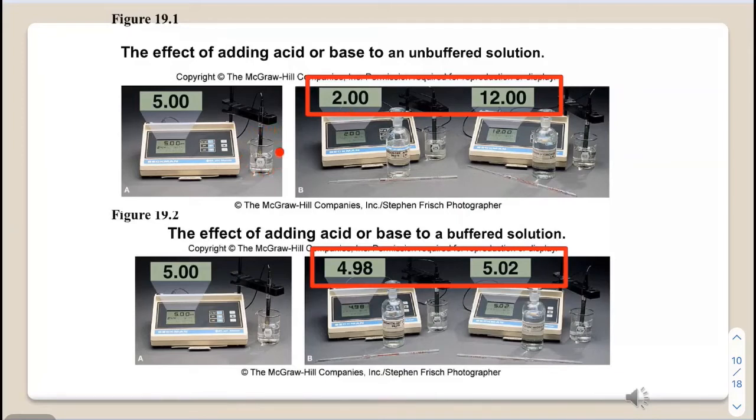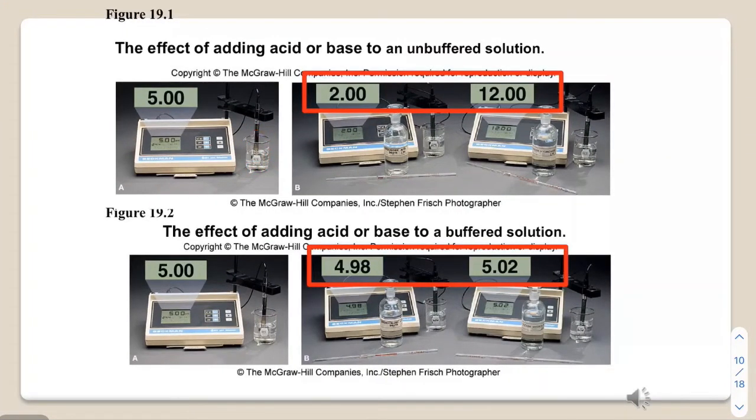When the same solution is added with a small amount of a strong base, suddenly the pH increases to 12. So this is what will happen to a solution when it is added with a small amount of strong acid and a small amount of strong base.